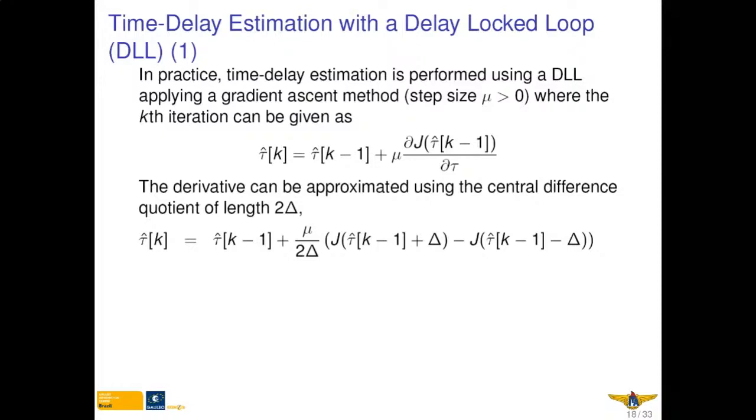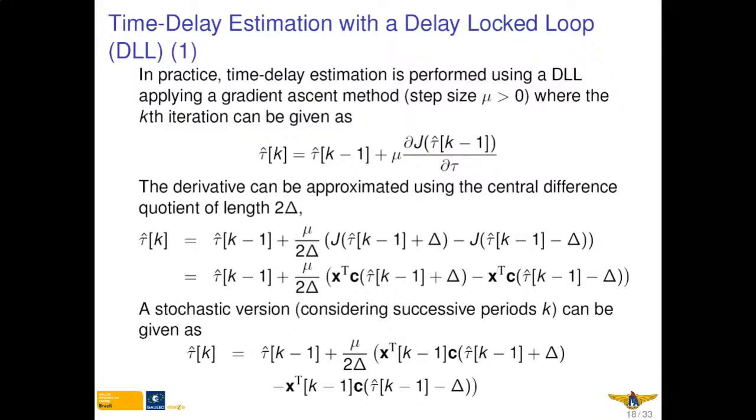We evaluate two values of this cost function and divide by 2 delta, and with this we can approximate the derivative of the cost function. And we can plug in now from the maximum likelihood estimator the cost function, which is the cross correlation. If the transmitted signal has exactly the same characteristics as our replica, this is even equivalent to the autocorrelation function.